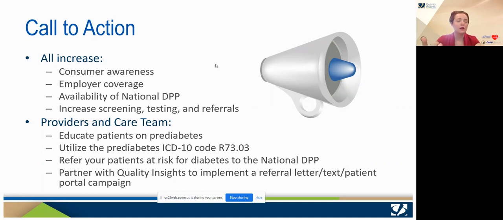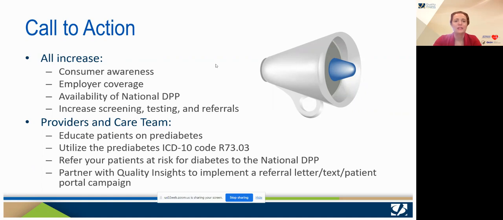We want to focus on employer coverage of the National Diabetes Prevention Program, and also on the availability of National DPP. So for anybody interested in learning more about referring or becoming a provider in the National Diabetes Prevention Program, please reach out. We'll have contact information available.